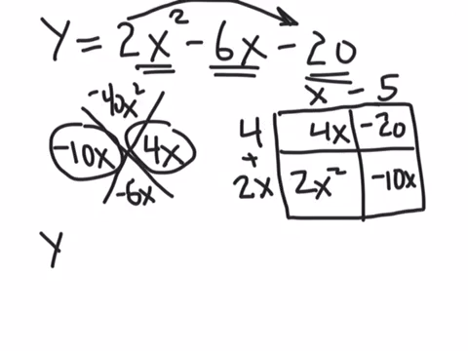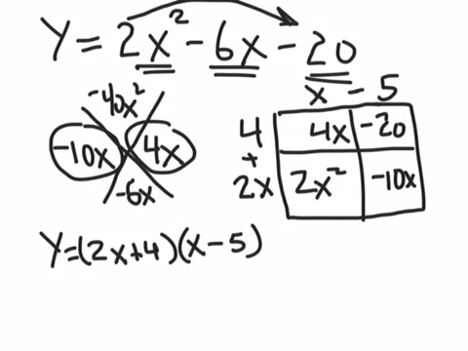So we've got this situation: y equals 2x plus 4 times x minus 5. Where do those make this thing equal to 0? Well, I can just think about this. If I plug in a negative 2 plus 4, that whole thing is going to end up being 0.